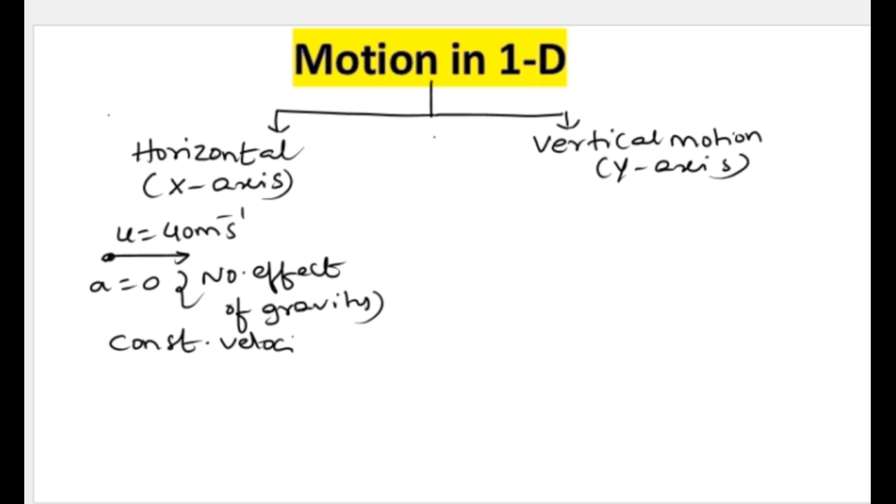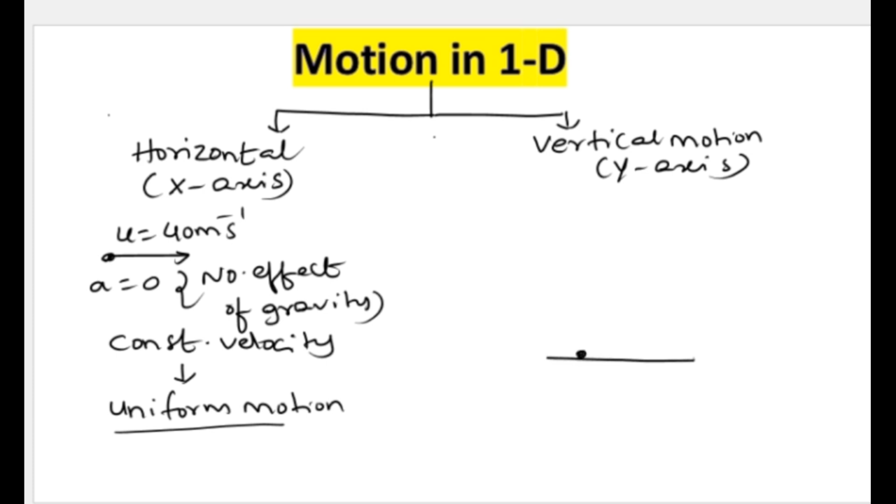If any particle moves with constant velocity, that type of motion is called uniform motion. That means if there is no effect of gravity, the motion is uniform motion, and it is along the x-axis.